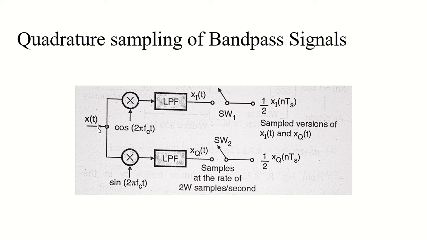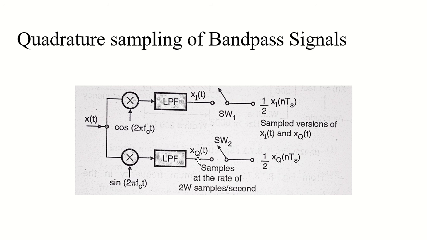So first take your signal, multiply it with 2 cos 2 pi fct, and then multiply it with sin 2 pi fct, then make both of the signals go through the low pass filter, and what you will get will be xi of t and xq of t, which are basically the in phase and quadrature signals.